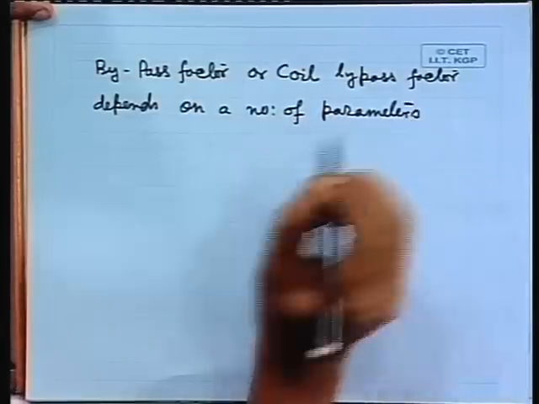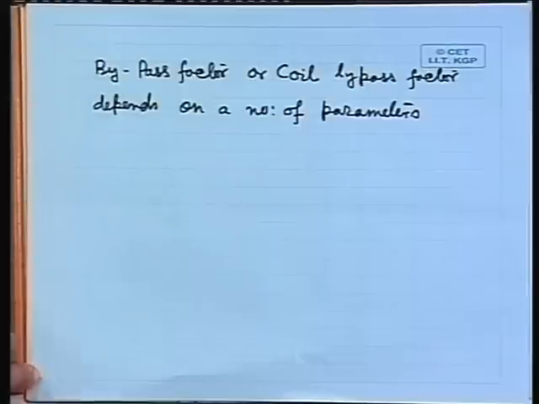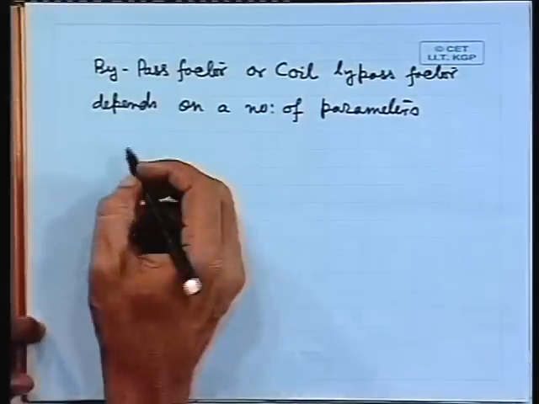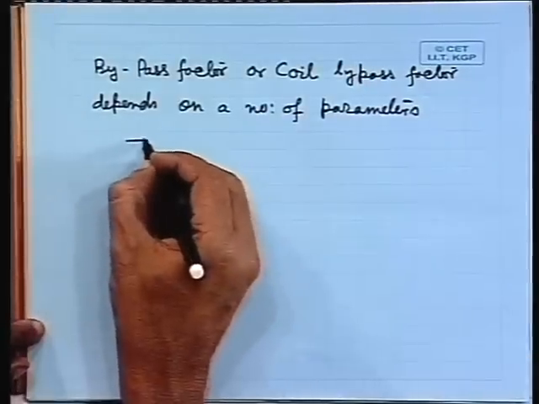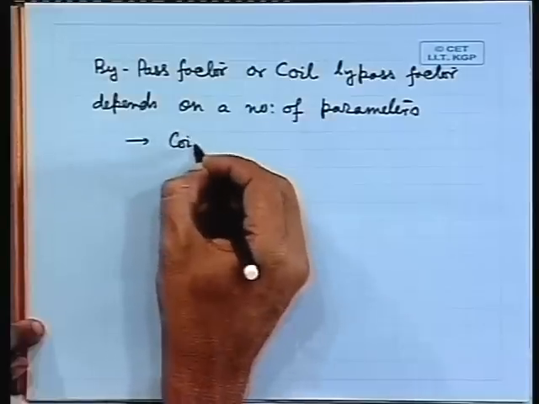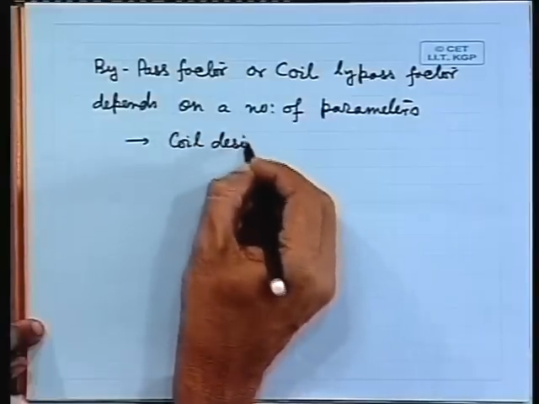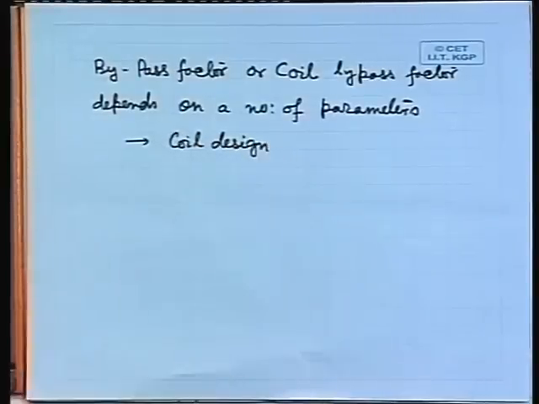What are these parameters? These parameters are generally the coil design. In the coil design, the diameter of the coil and the number of passes of the coil will come.